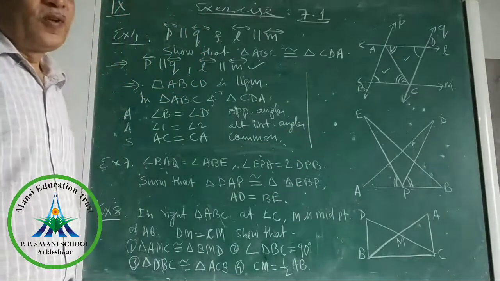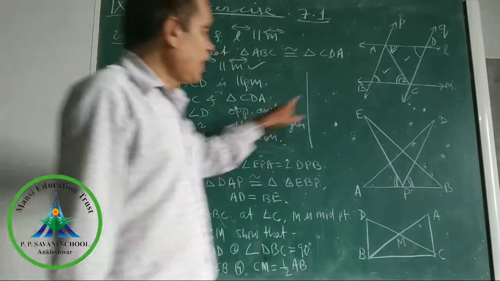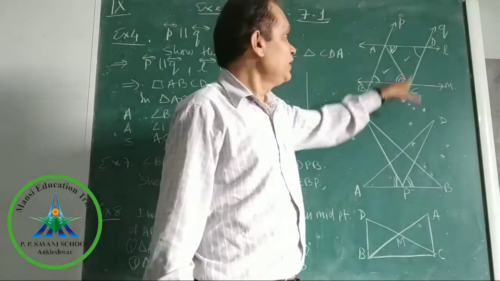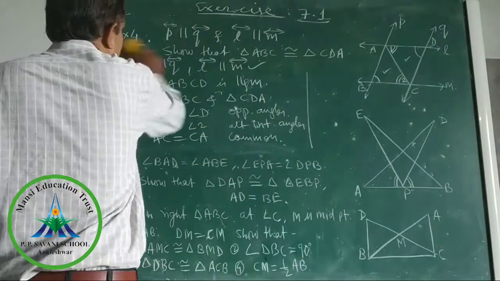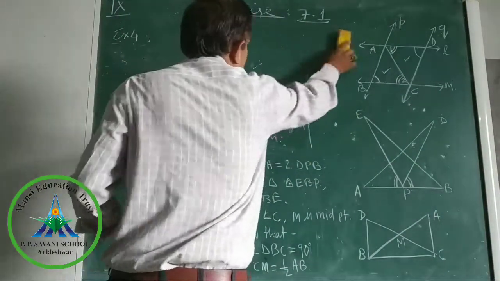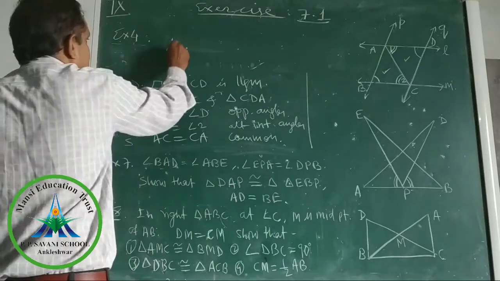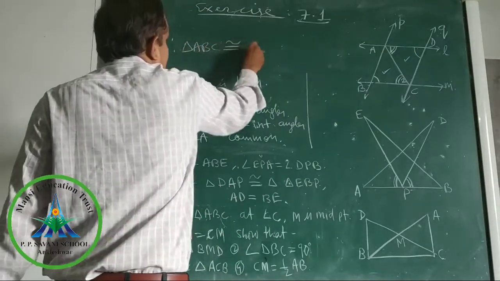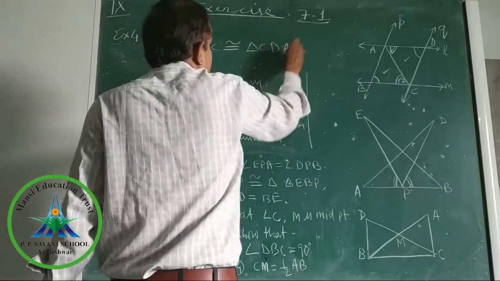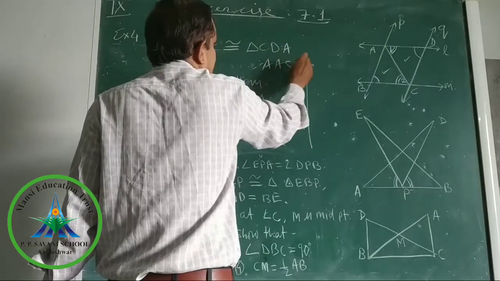And therefore triangle ABC is congruent to triangle CDA. So we will write, therefore, triangle ABC congruent to triangle CDA, by the angle side rule.